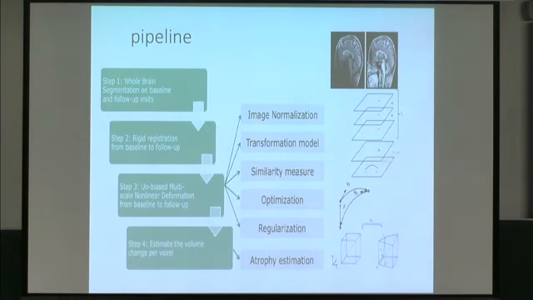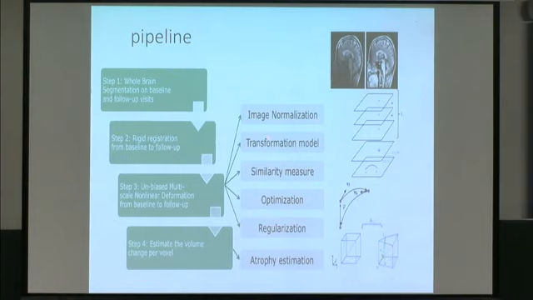And then we go into the usual stuff. We do a segmentation of the brain into the various compartments at baseline and follow-up. Then we do a rigid registration from baseline to follow-up and vice versa actually. And then we do the registration, and that is we do normalization.